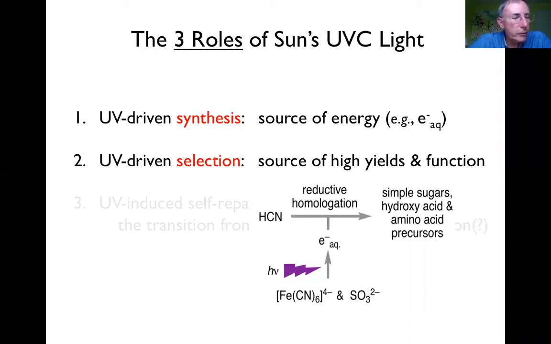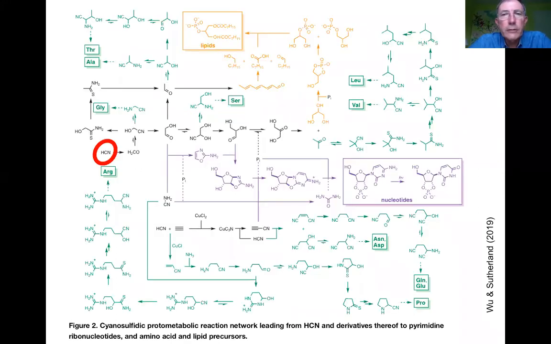And so hence about selection or cleaning up, producing just the right molecules, not just everything. So I've been talking about this prebiotic chemistry, and it looks a little bit like this. This is kind of the current network in a simplified way, of course.